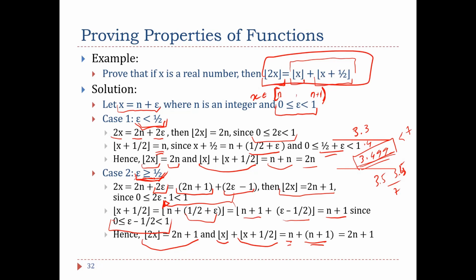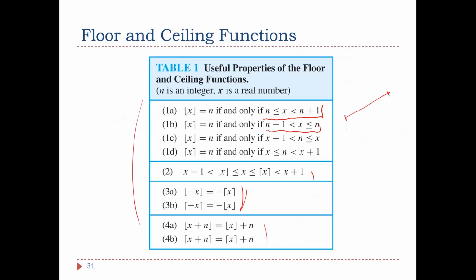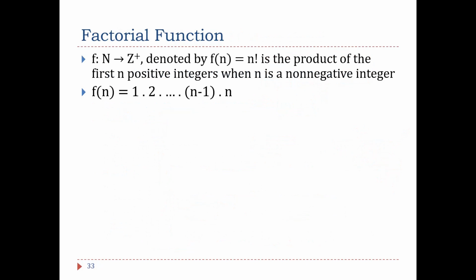Okay, so you will have similar exercises to practice that, so you can refer to the definitions or this table here or the example that you have in slide number 32, or the table that you have in slide number 31.